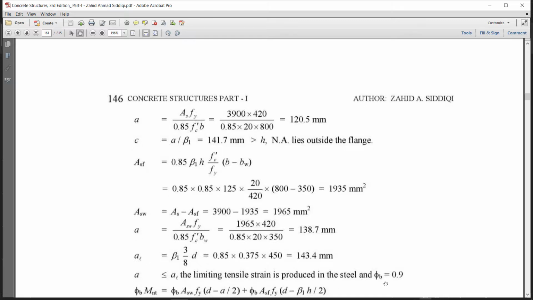We will choose the phi value 0.9. To get the moment capacity, the formula is Asw into lever arm plus Asf into lever arm.